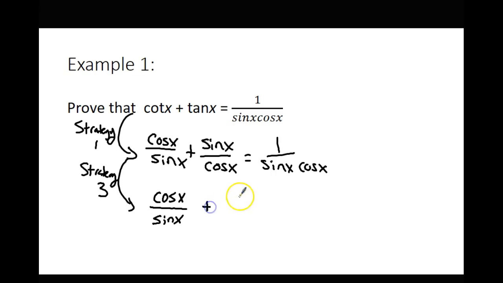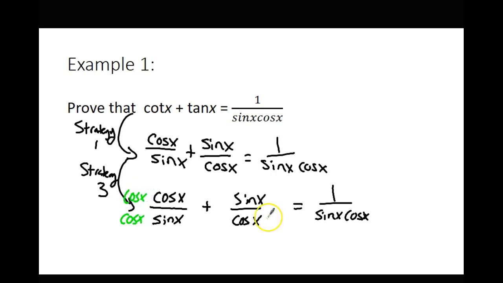What am I going to multiply the left fraction by? Cosine. And what am I going to multiply the right fraction by? Oh, I knew that. So we're going to put cosine x on this side, and we're going to put sine x on this side. And what's cosine times cosine?